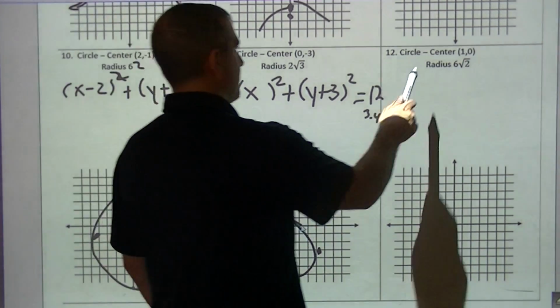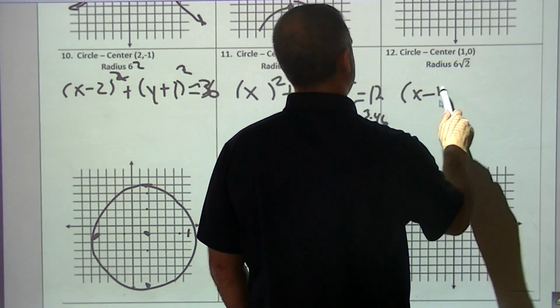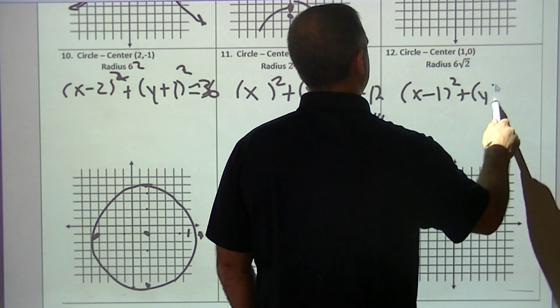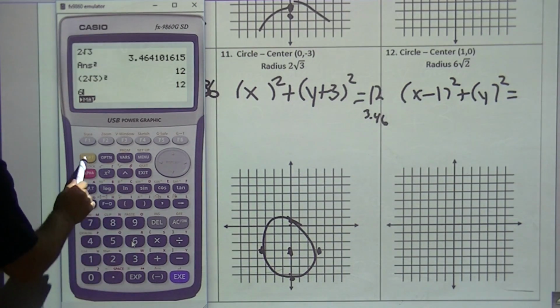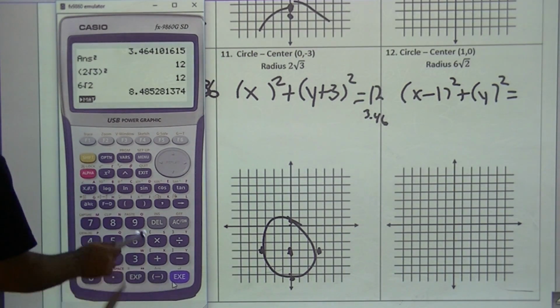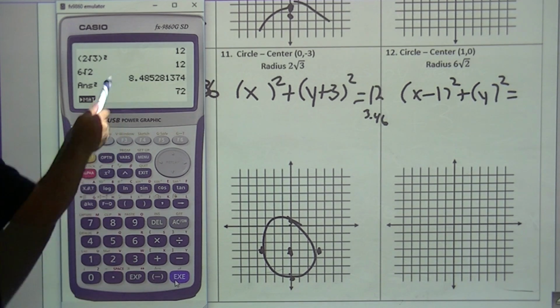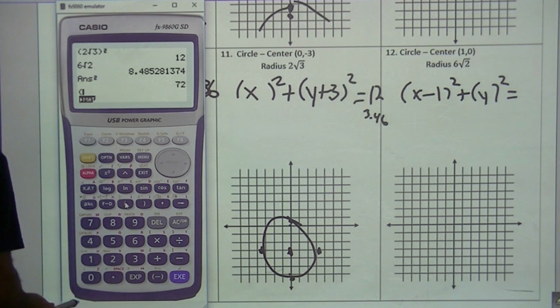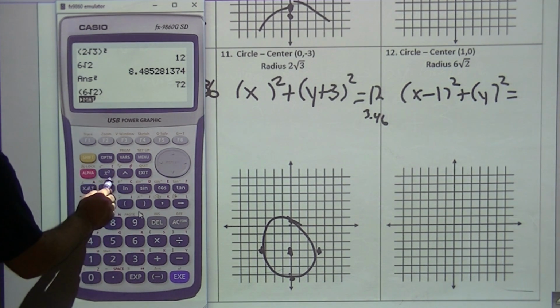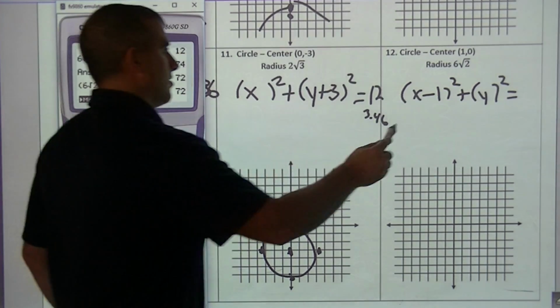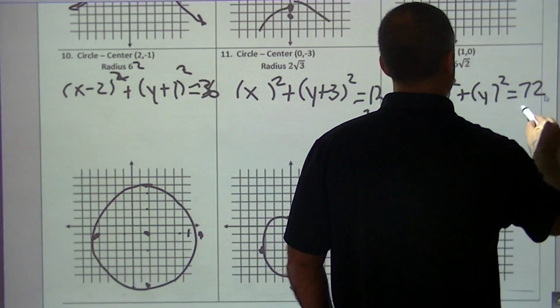In the center here, this would be x minus 1 squared. There's nothing for y. Same deal: you can do 6 square root of 2 squared, which is basically 8.4, or you can do 6 square root of 2 squared and you get 72. That was 8.4.